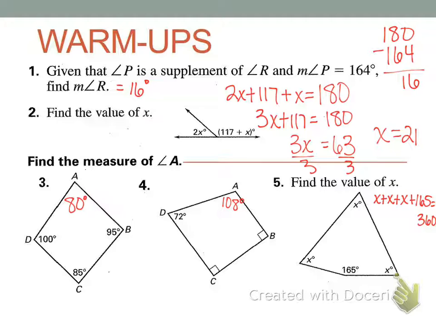So when we combine like terms, how many x's do we have? 3x plus 165 equals 360. Subtract, we get 3x equals 195. And then we would divide by 3. What do we get for x? 65. Okay, and then x doesn't necessarily need a degree symbol. The degree symbols were by the x's.